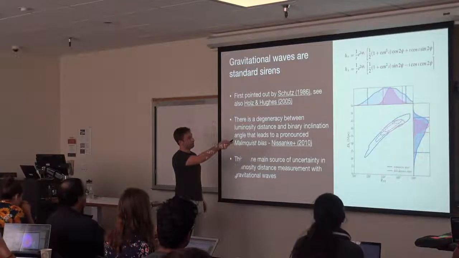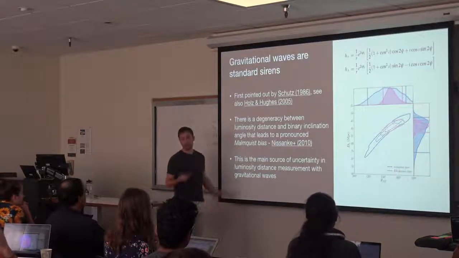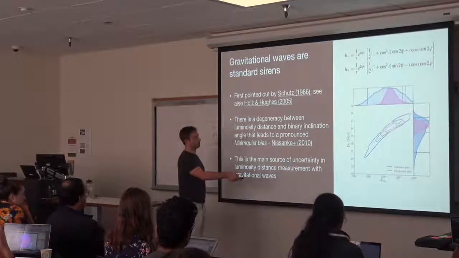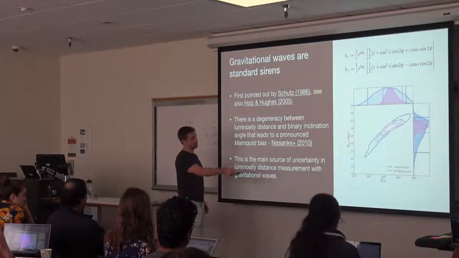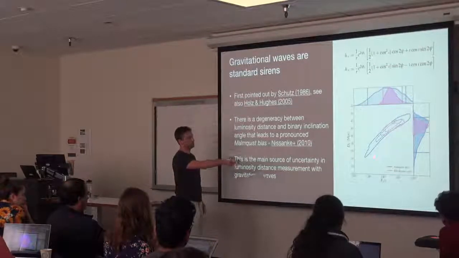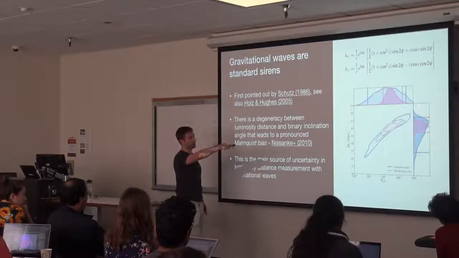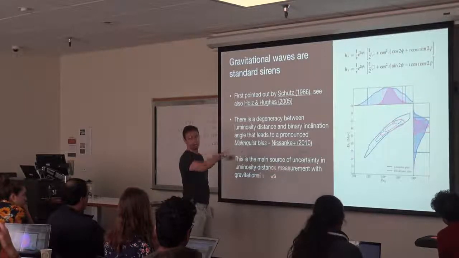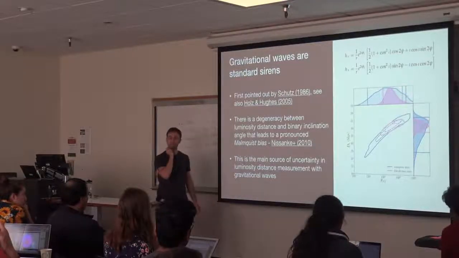The fact that they have both distance and inclination means that what you really measure most accurately is a combination of those two parameters. For example, this plot shows the joint probability distribution of distance and inclination for 170817. We get this diagonal ellipse, so just from gravitational waves, we know some linear combination of inclination and distance.